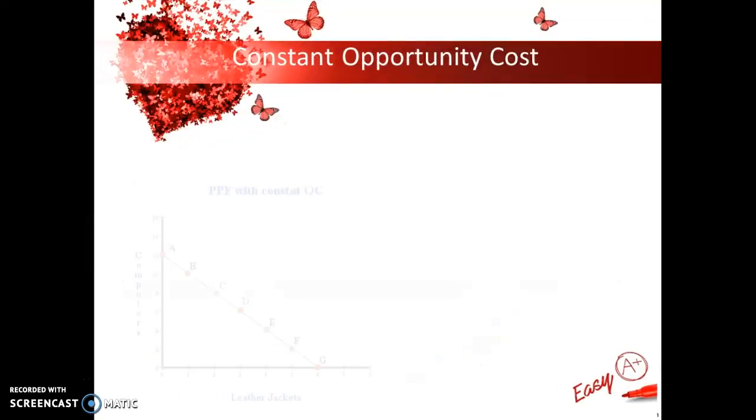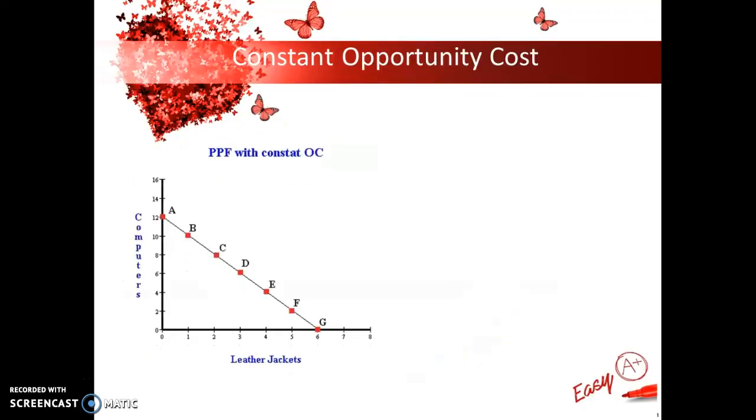Constant opportunity cost. Here we have a PPF curve, and I introduced the PPF in my previous video as well, so you can always go on my channel and see that. Now we see that a company is producing computers and leather jackets, right?